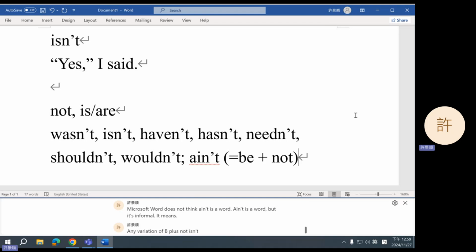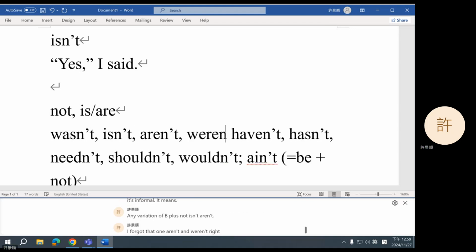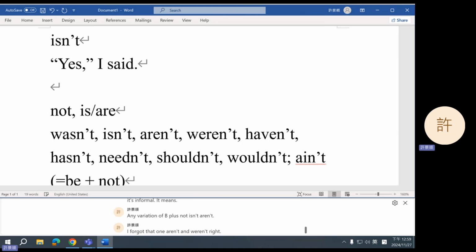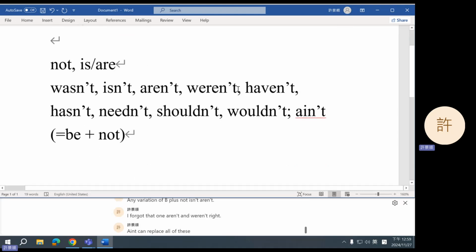Isn't, aren't, I forgot that one. Aren't and weren't, right? Ain't can replace all of these: isn't, wasn't, aren't, weren't. In some places in the United States, they use the word ain't instead.